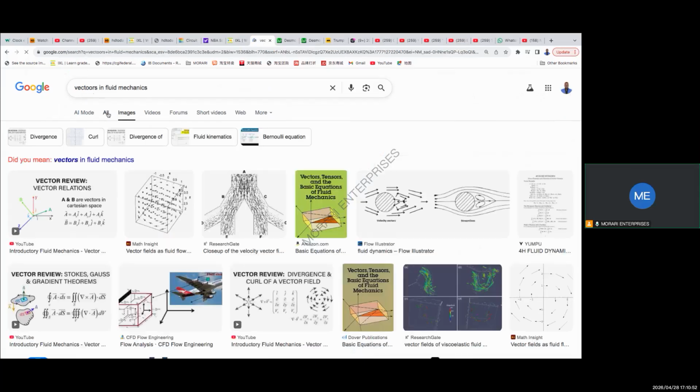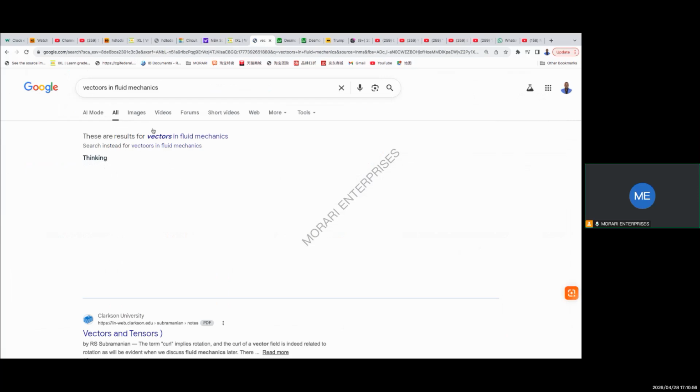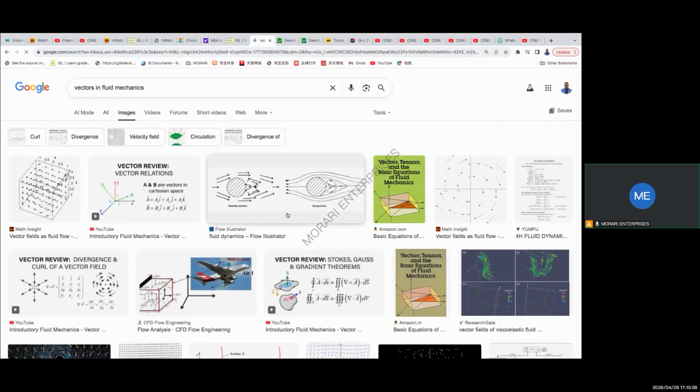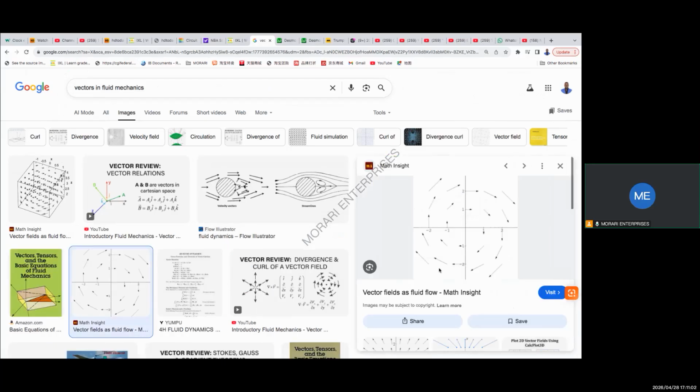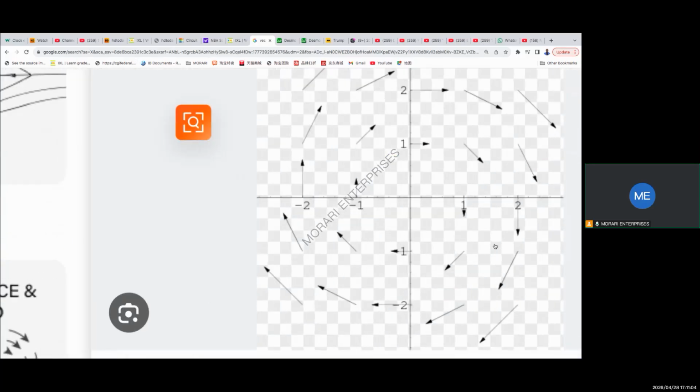Fluid mechanics would be the same. Let's look at pictures. Good. So you see pictures like this. You see pictures like this.